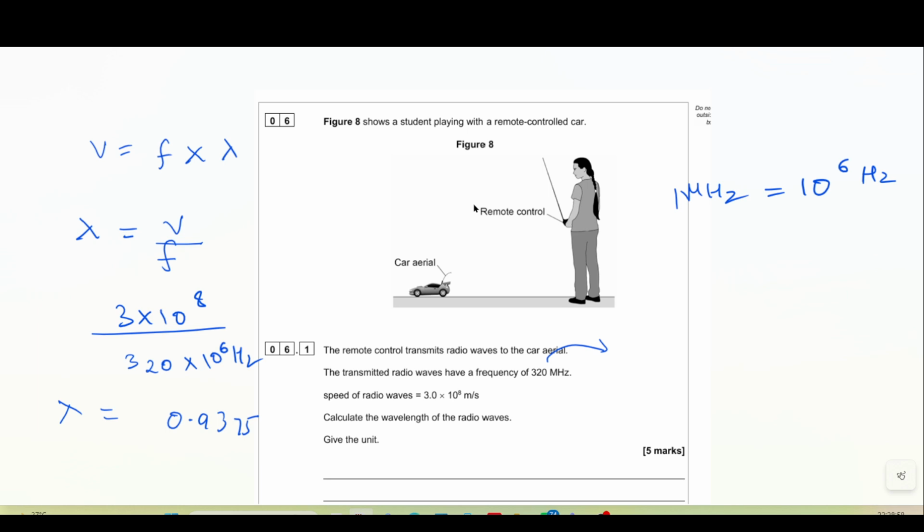So 3 times 10 to the power of 8 divided by 320 million equals 0.9375.